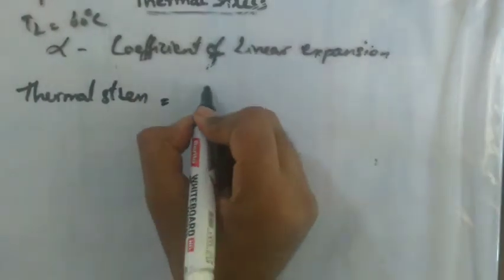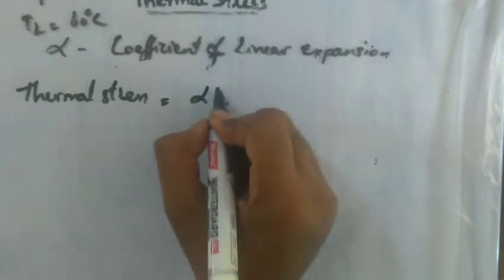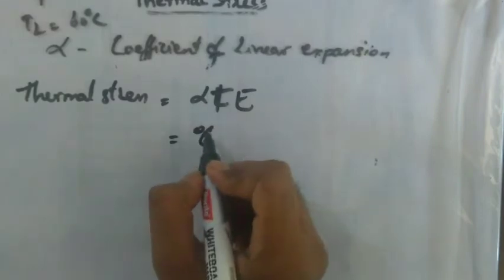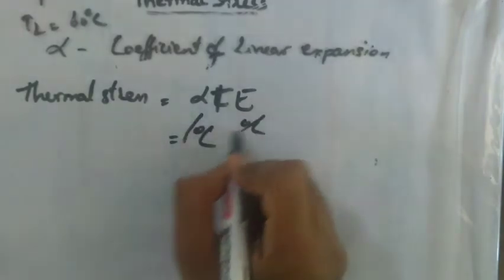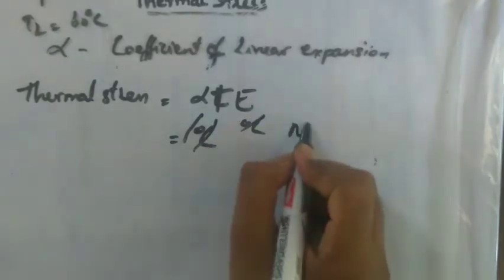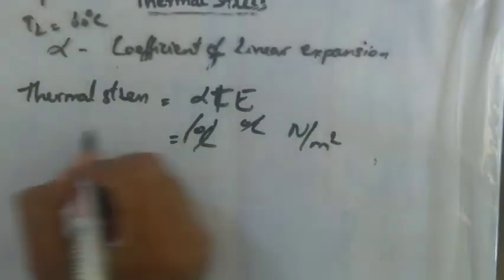Now we will see the units for thermal stress. What I told you, thermal stress is alpha T into E. For alpha we know the unit is per degree Celsius, and this T is degree Celsius or Kelvin, so both get cancelled and we'll get Newton per meter square for thermal stress.